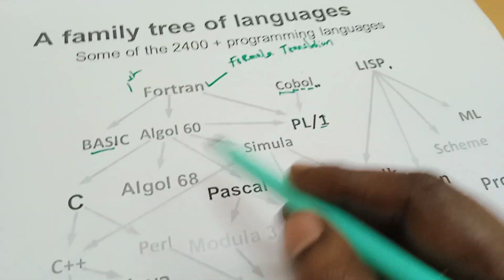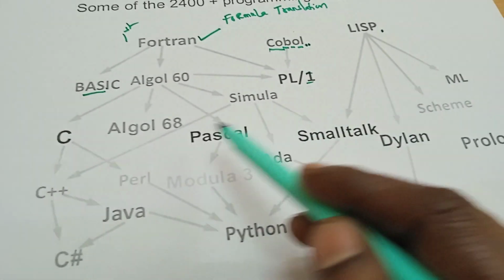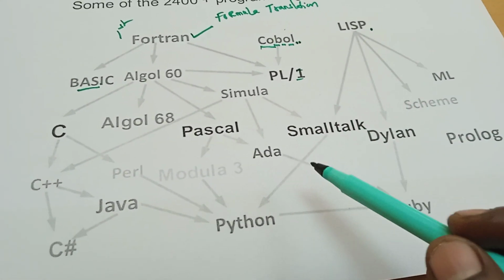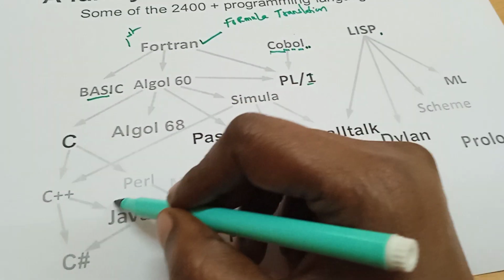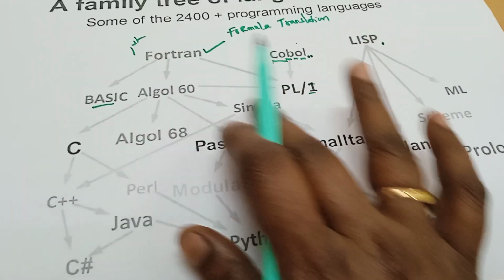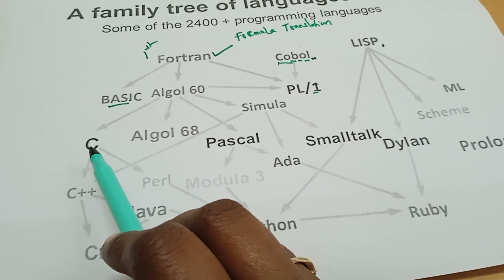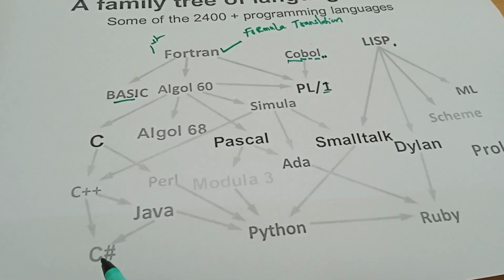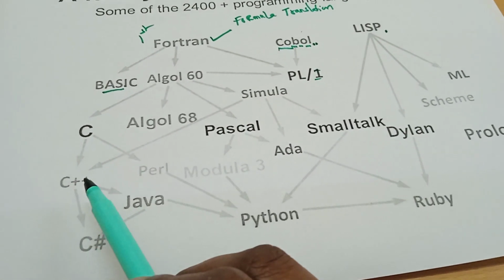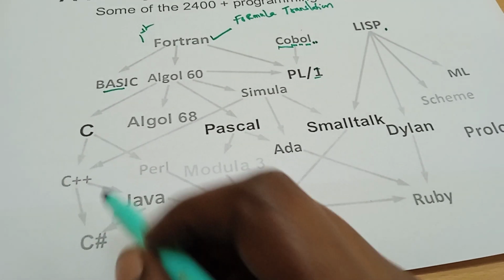So if you look at all the languages, each and every language has some parent. Generally you can understand this figure in that way. The features of C are extracted into C++, and C sharp came from the features of C++.